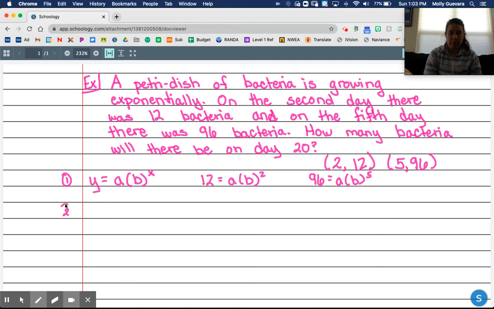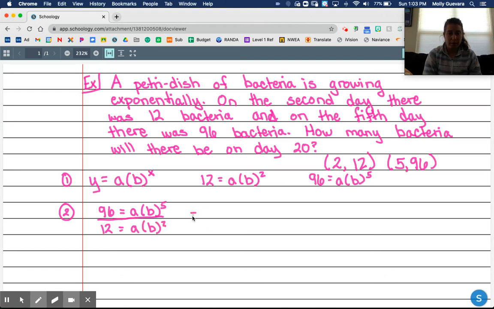Okay, and then step two, I want to stack these and simplify it. So b to the fifth is my higher exponent, so I'm going to put that on top. So a times b to the fifth divided by 12 equals a times b squared.